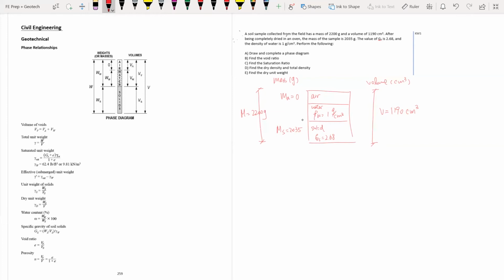We find the mass of the water is quite obvious because the mass of the solid plus the mass of water equals the total mass. So the mass of the water will be equal to the total minus the mass of the solid.